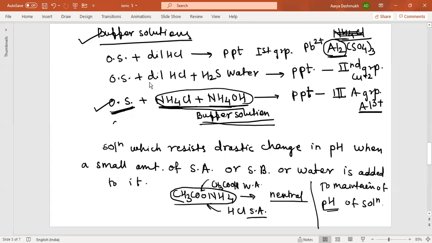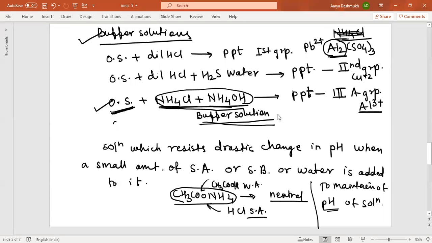Second, original solution plus dilute HCl plus H2S water, if there is a precipitation, then the second group is present. And for the third A group, original solution plus NH4Cl plus NH4OH. This combination of NH4OH and NH4Cl is what we call the buffer solution.